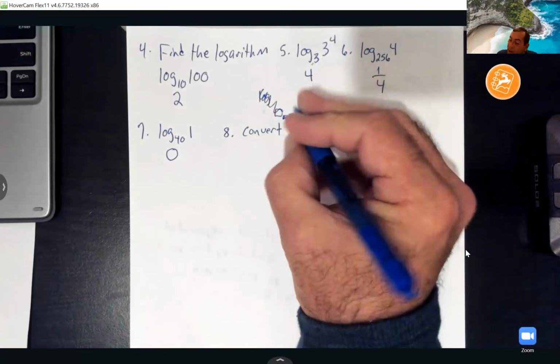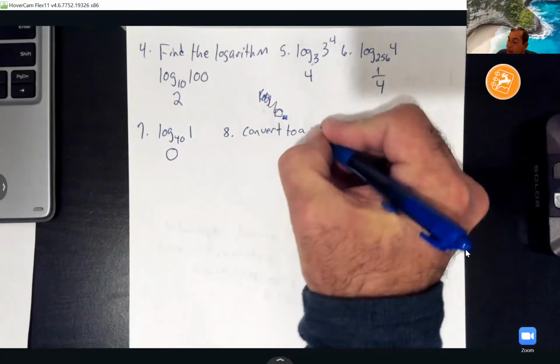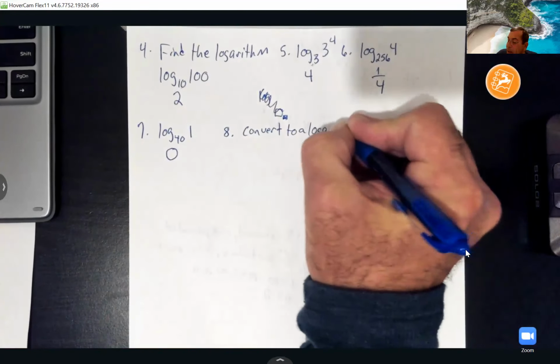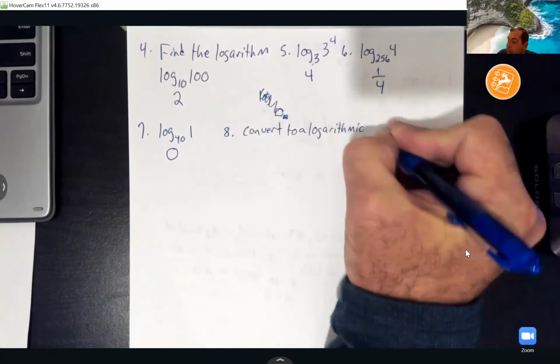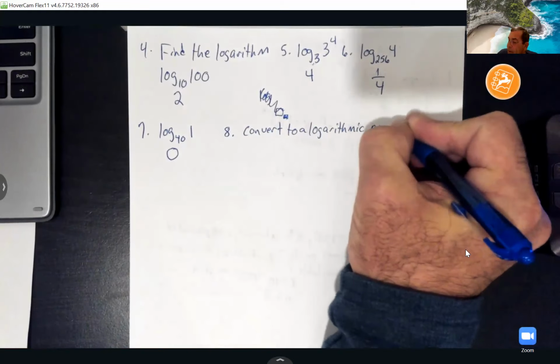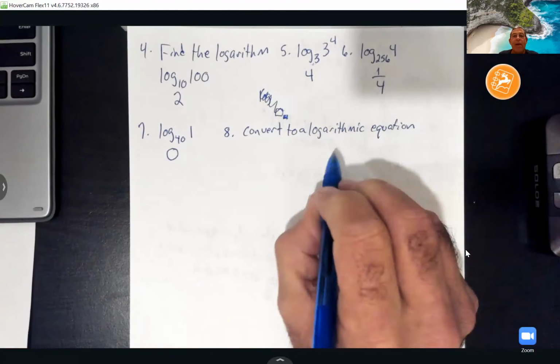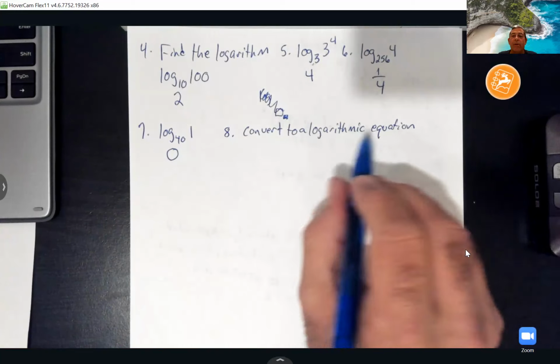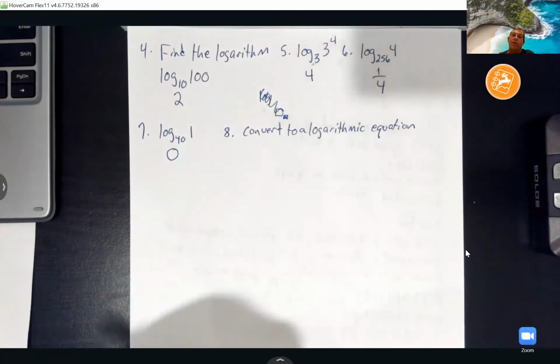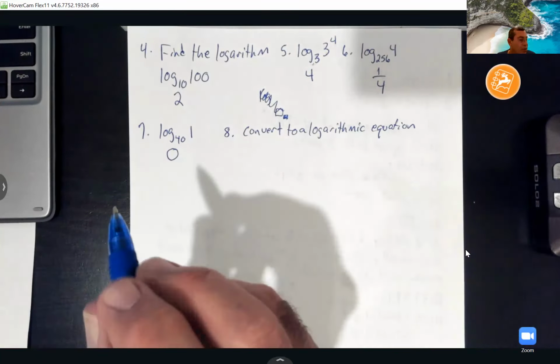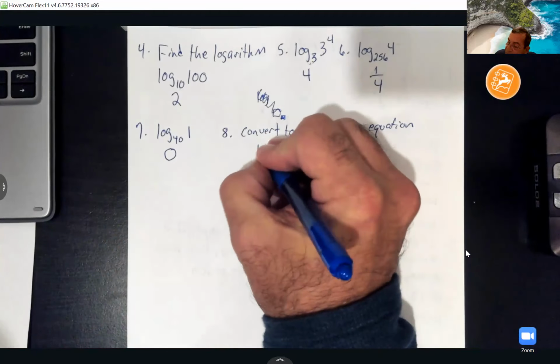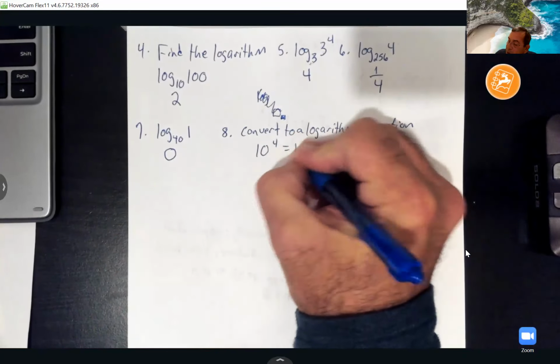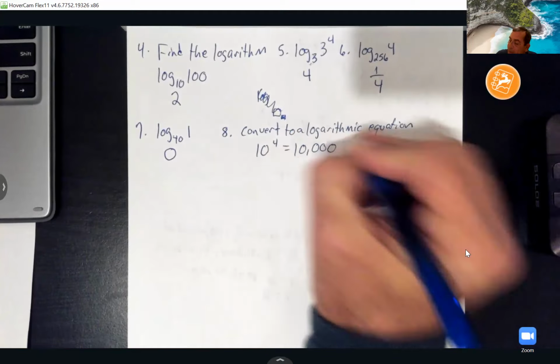All right, y'all, then they want us to start converting. So they want me to convert to a logarithmic equation. So they'll have 2 that we're doing into logs, and then they'll have 2 that we're going to do to exponential. So for this one, I got 10 to the 4th equals 10,000.